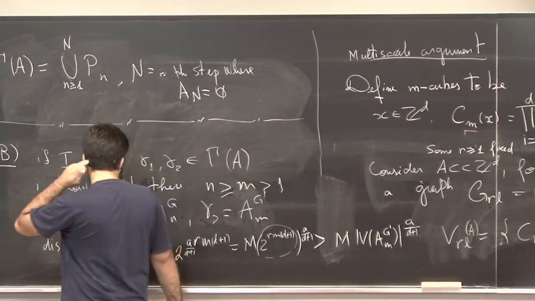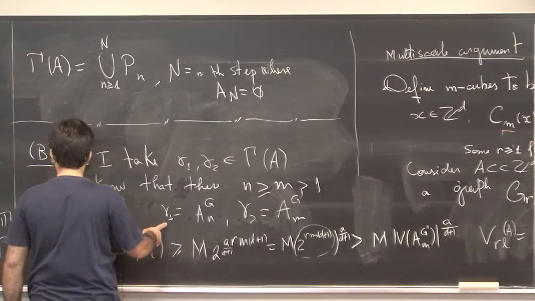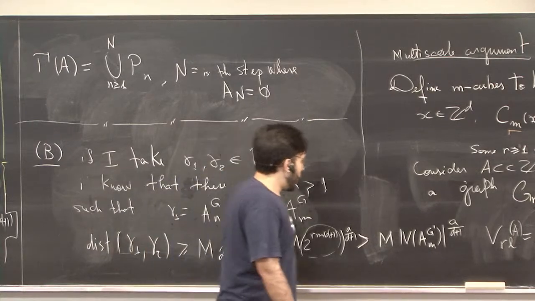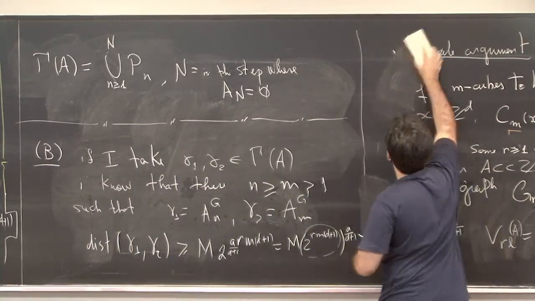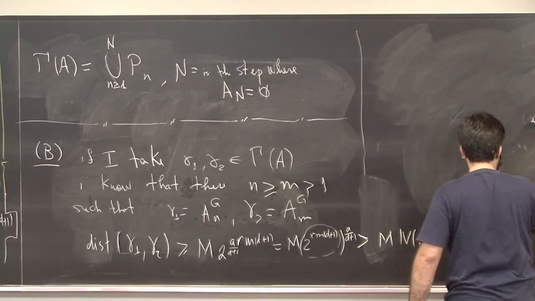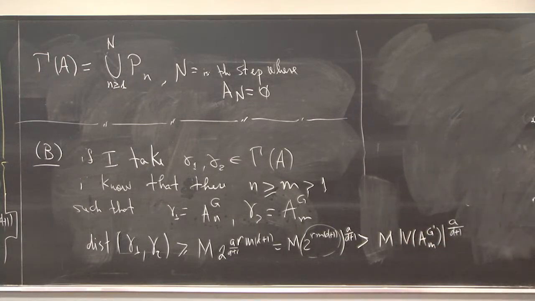And since I know that this component right here, n, is larger than m, I also know that the points in it were not subtracted in the last step.